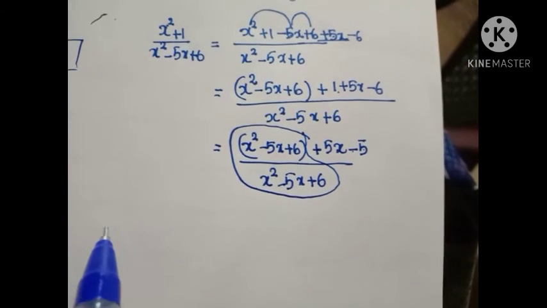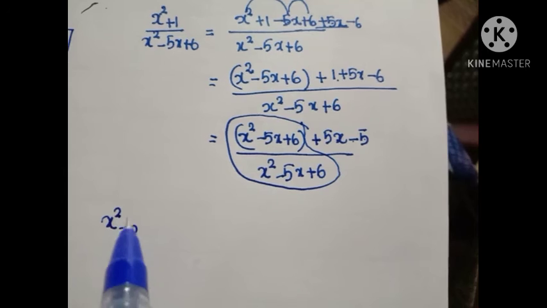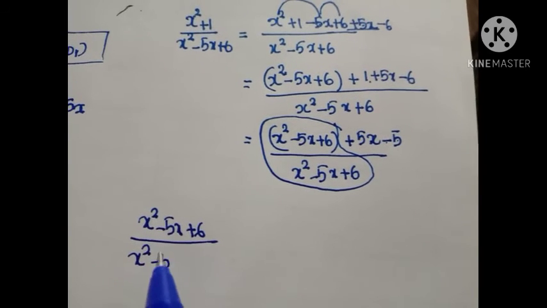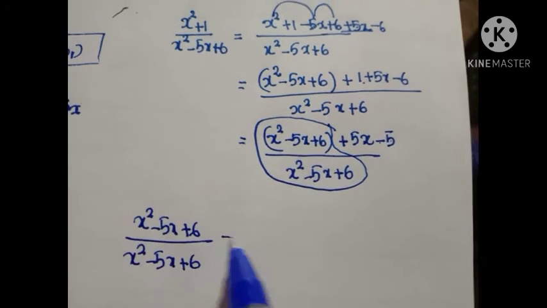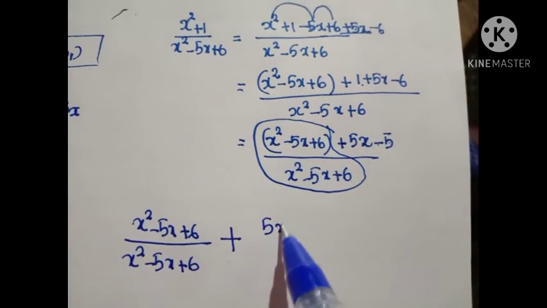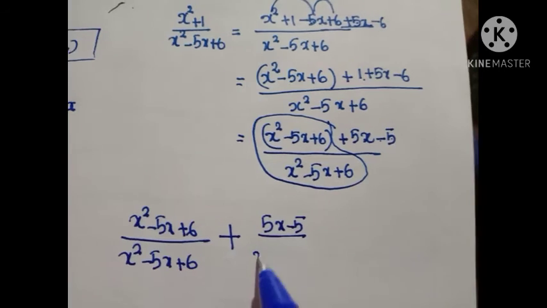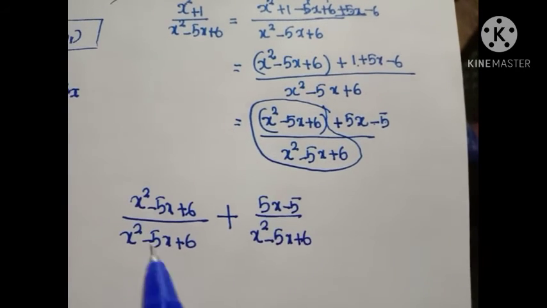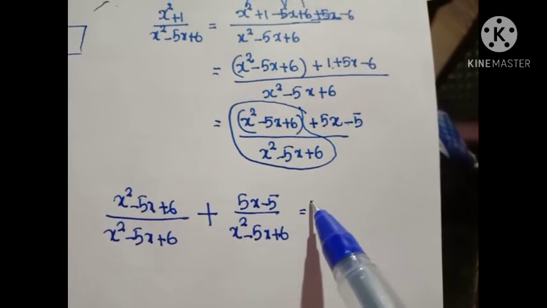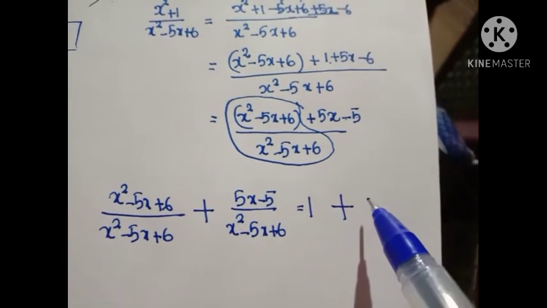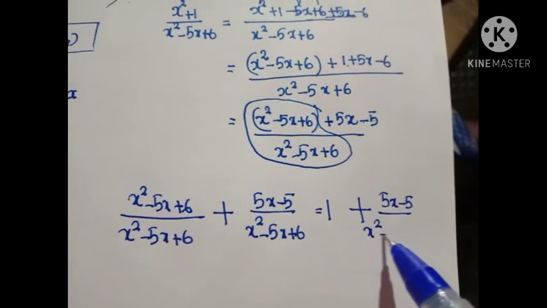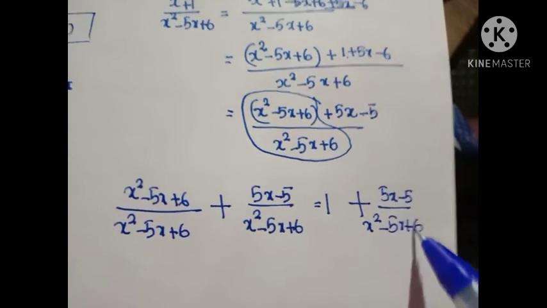So this can be written as (x² − 5x + 6)/(x² − 5x + 6) + (5x − 5)/(x² − 5x + 6). Now this is equal to 1 + (5x − 5)/(x² − 5x + 6).